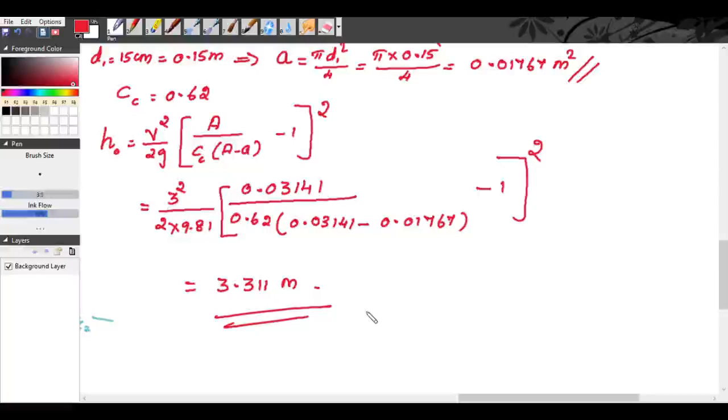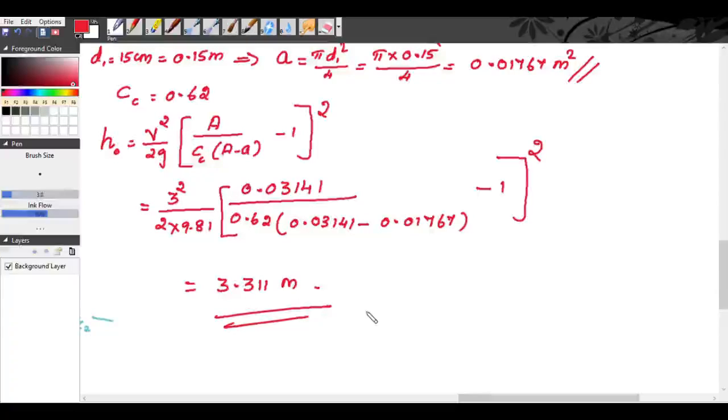I have given you the problems for major losses using Darcy-Weisbach formula and Chezy's formula. Then we saw some problems related to loss of head due to sudden enlargement, sudden contraction and obstruction. If any other cases are asked, you can use the formula and find the answer.